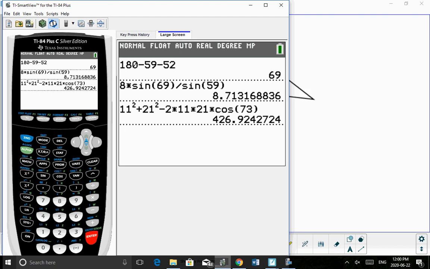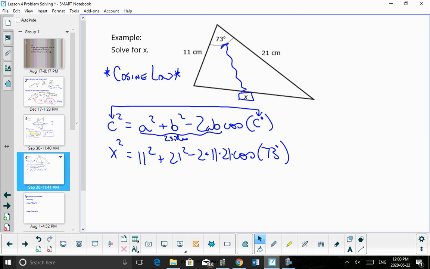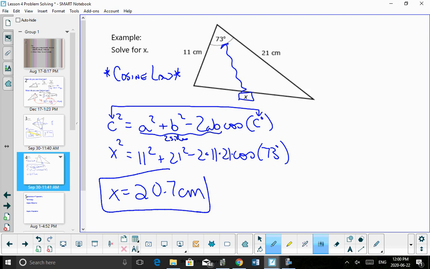Now again, that equals x squared. So how do you get rid of a squared? You square root. So I get out 20.66 or 20.7. And I'm going to make it centimeters. And again, didn't tell me how to round, so I'm just going to round it to the nearest tenth. Okay?